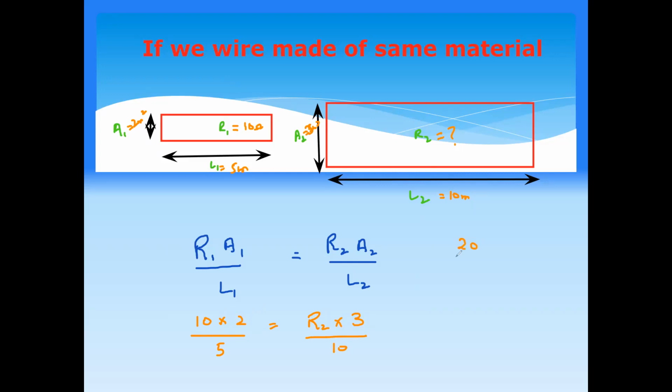So 20 divided by 5 equals R2 multiplied by 3 divided by 10. 20 divided by 5 is equal to 4. So 4 equals R2 into 3 divided by 10. The 10 is divided on one side, so on the other side it will be multiplied, and the 3 is multiplied, so on the other side it will be divided. So 4 multiplied by 10 is 40, and 40 divided by 3.